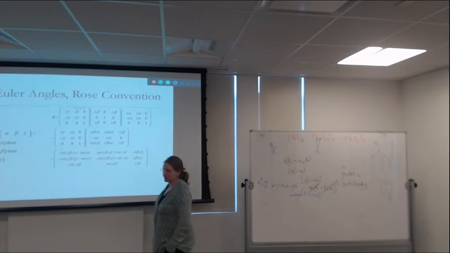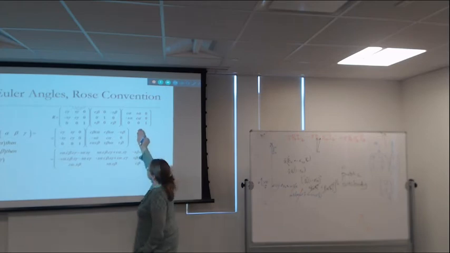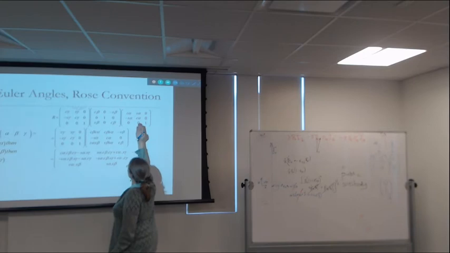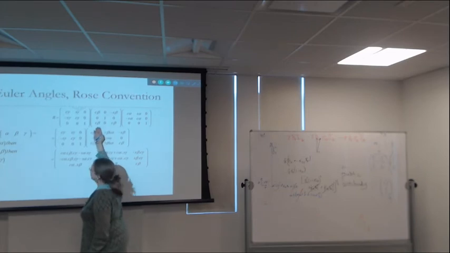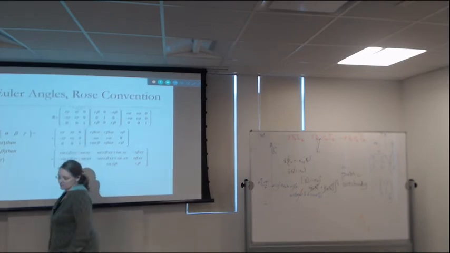In this case, I set it up as a column, but it doesn't have to be. Okay, so what I need to do is to do it sequentially. First, I rotate about z through an angle alpha, then I rotate about y through an angle beta, and then I rotate about z through an angle gamma.